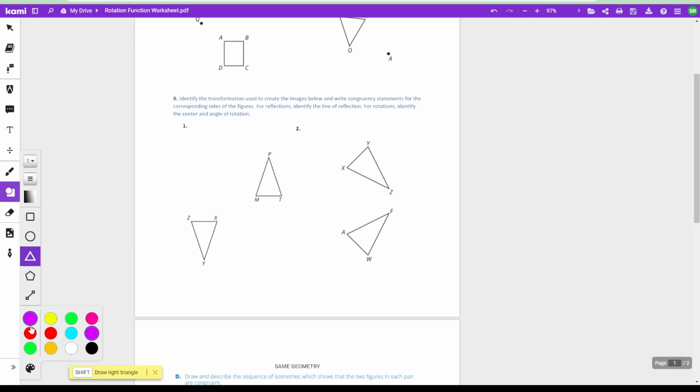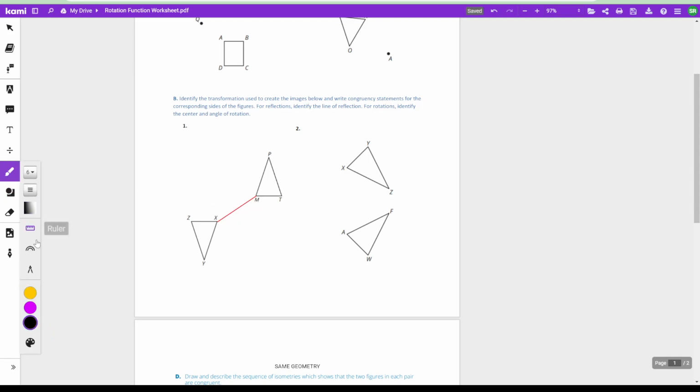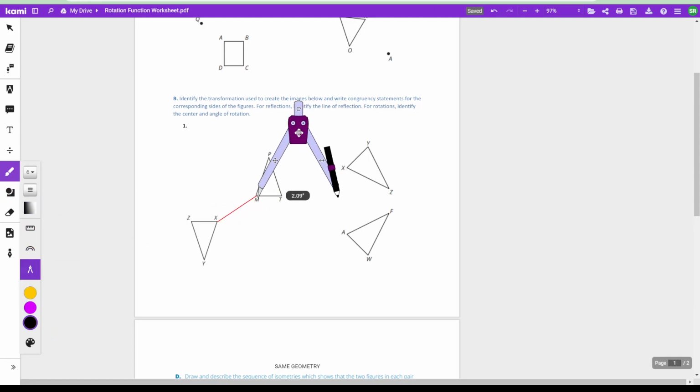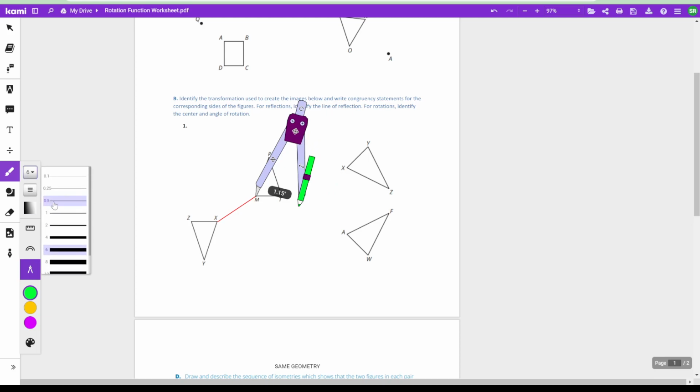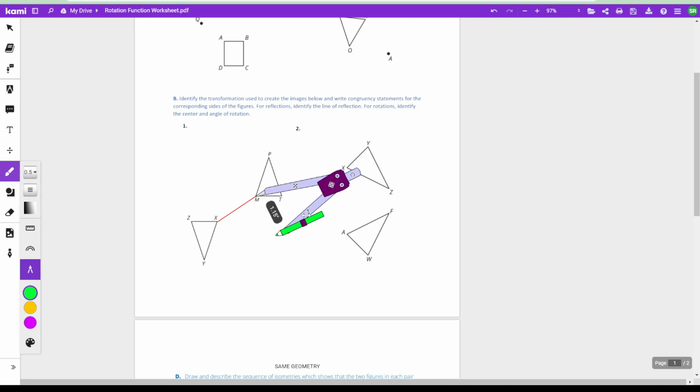So in this case, let's go ahead and see what that looks like in practice. I'm going to try and connect X and M with a line segment. And then I'm going to draw the perpendicular bisector to that. So for that, you're going to need a compass. And you're going to need to make your arcs.